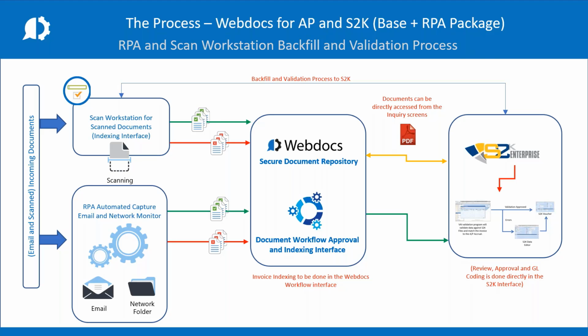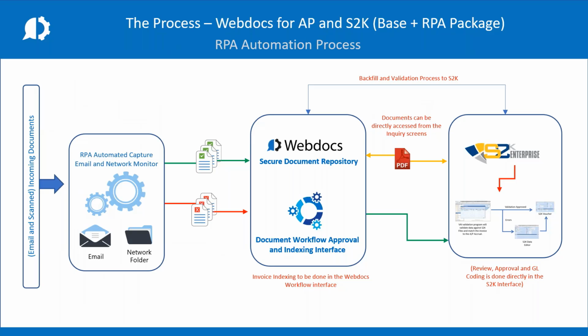The part that I'm going to be focusing on today is the RPA automation capture, so being able to capture documents via email or via network monitors where documents might be placed. If you have documents incoming via email, we can automatically monitor those accounts, check them into the secure repository, and then put them into indexing and approval workflows. And we can also do that same thing from the network monitoring side of things.